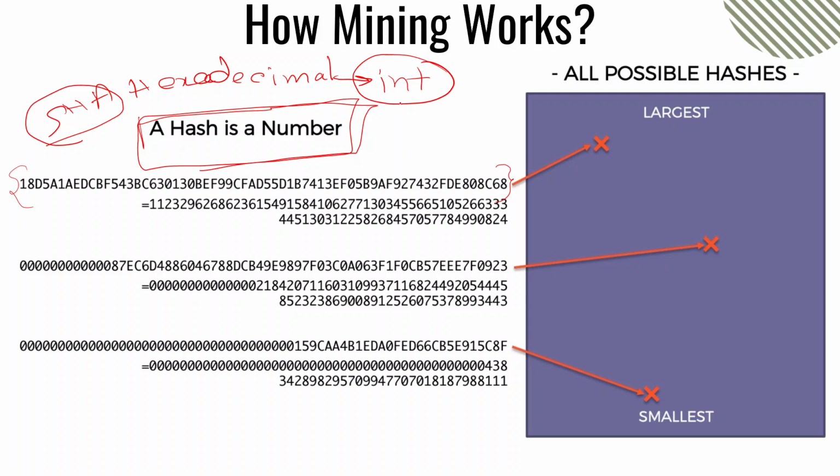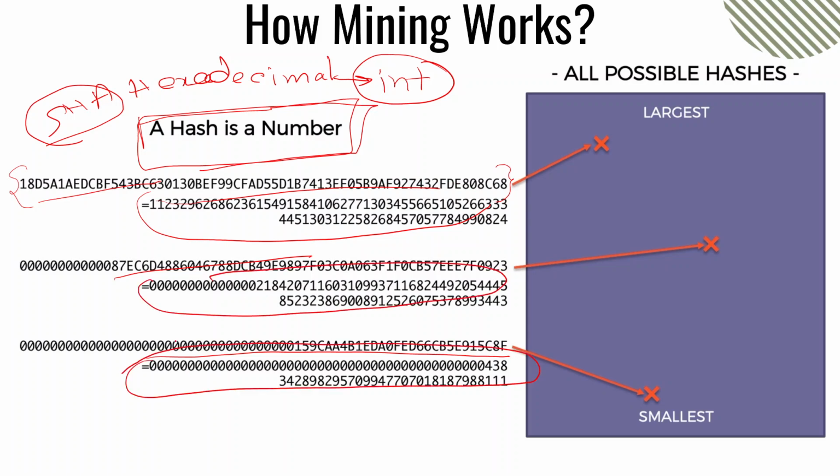And obviously, an integer is a number, so we can agree that a hash value is a number. So this is a hash value, this is a hash value, this is also a hash value. Every hash value is converted to its corresponding integer value, or a number. As these are all numbers, we can put them on a number list where we can sort them from the smallest to the largest.